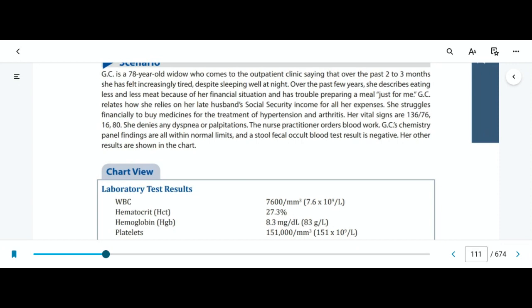Right. So we're trying to rule out what? If there's blood in the stool, that means well, yeah, but where's the blood coming from? Yeah, GI bleeding, right? And you can have slow GI bleeds. So, but she doesn't have a GI bleed. Okay.